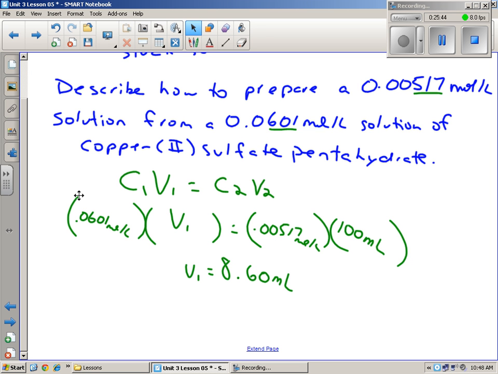What do you think this is called? Volumetric pipette, okay? It only does one volume. That's all it's good for. Is this 10 going to help us with this 8.6? Not today, okay?